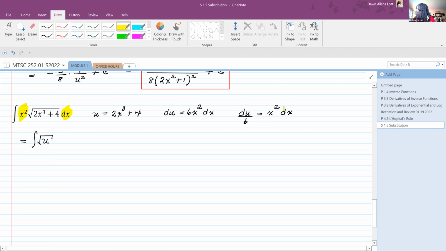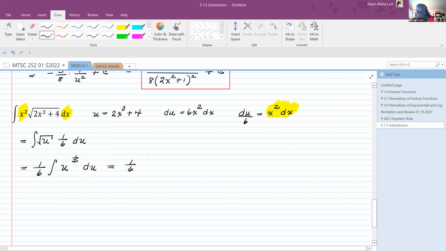No, you have over here x squared dx is something else. Oh, 1/6. Sorry. And you're going to put that. Okay, so now we can pull the 1 over 6 out and we have the integral, and that becomes u to the what? 1/2 power. du. Okay, so 1 over 6.